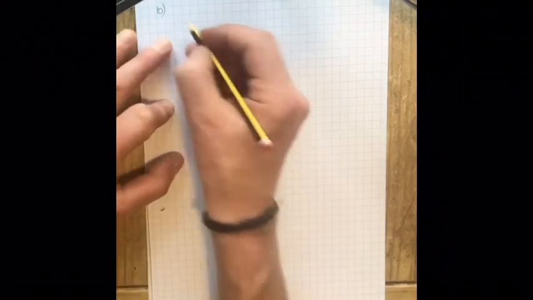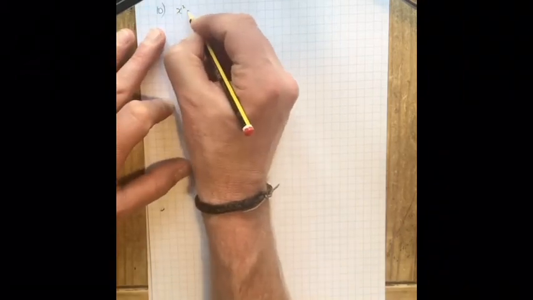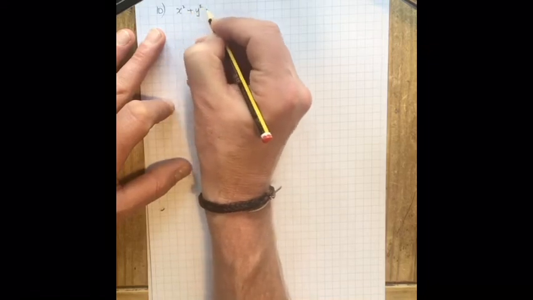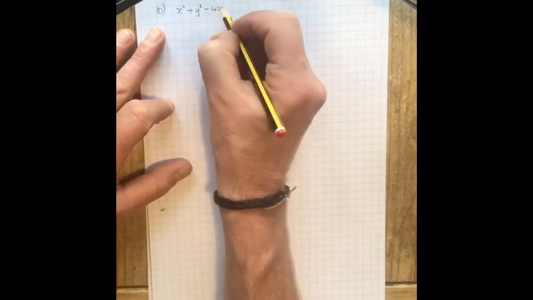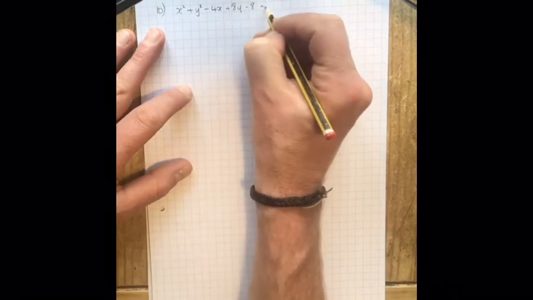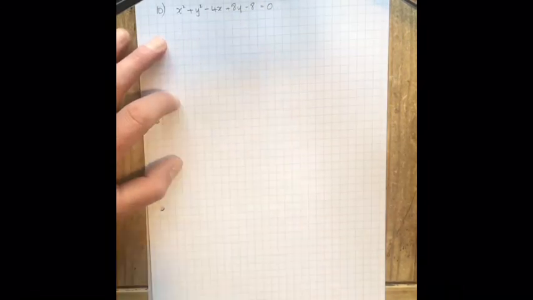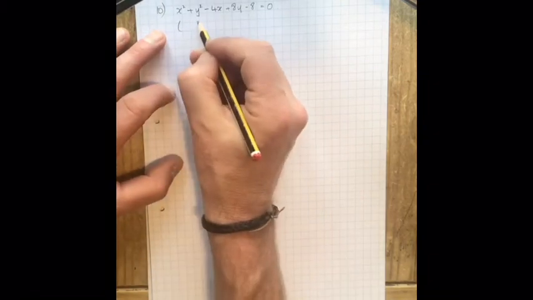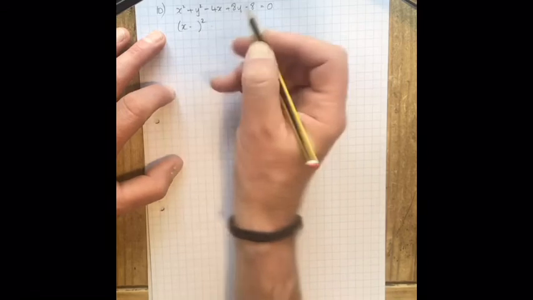So part A, well, you've got the equation of a circle, x squared plus y squared minus 4x plus 8y minus 8 equals 0. In order to work out what the centre of the circle is and its radius, we need to rewrite this in this form.